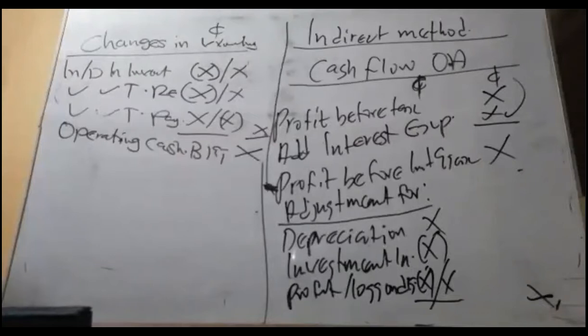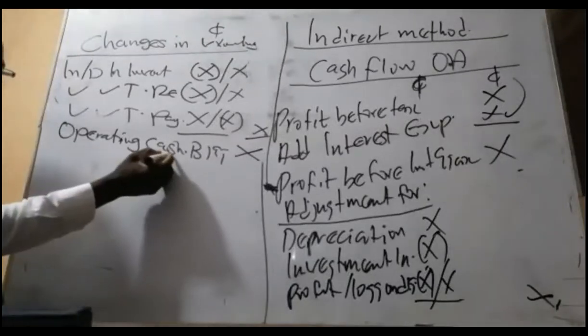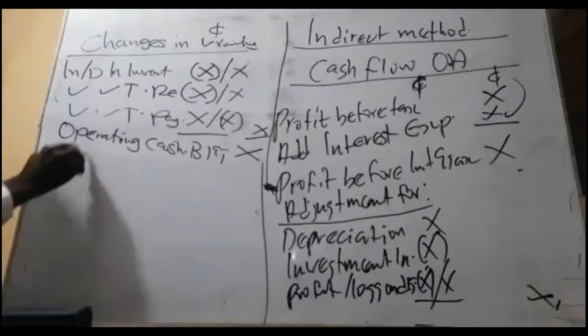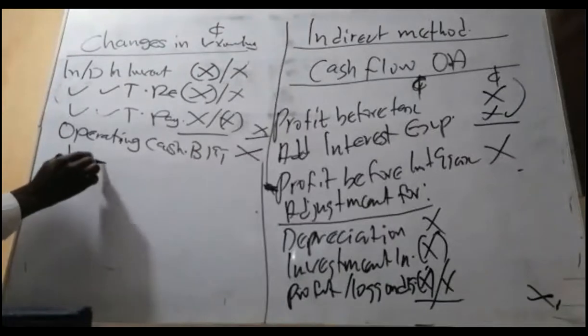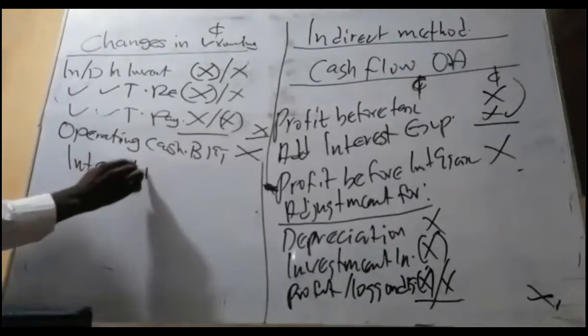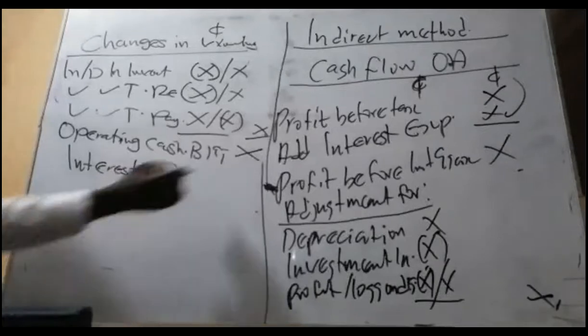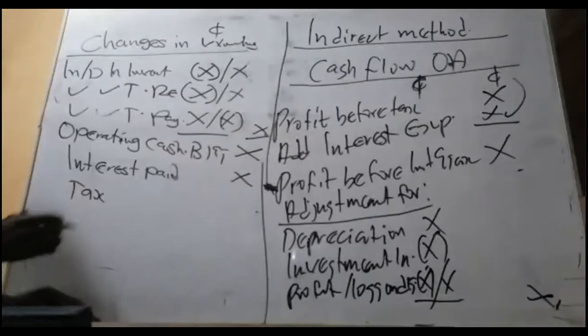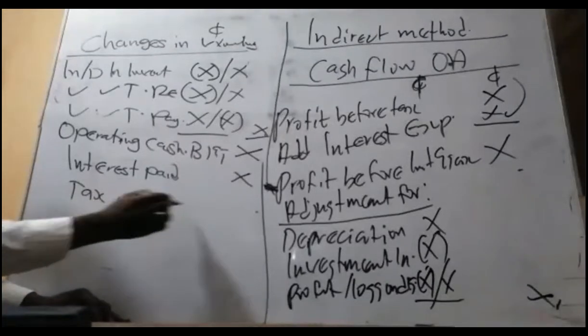Now we are going to move forward. If this cash flow is before interest and tax, then what is the next item? As usual, interest paid, so much, and tax paid, so much.